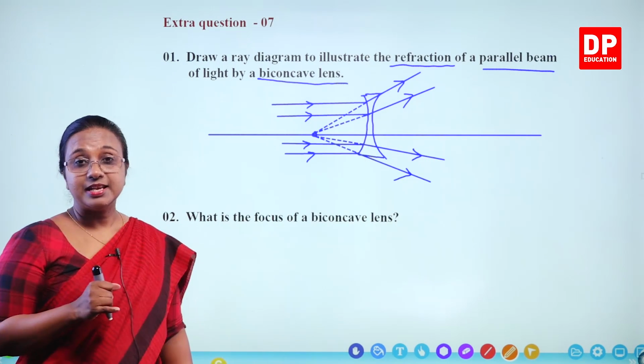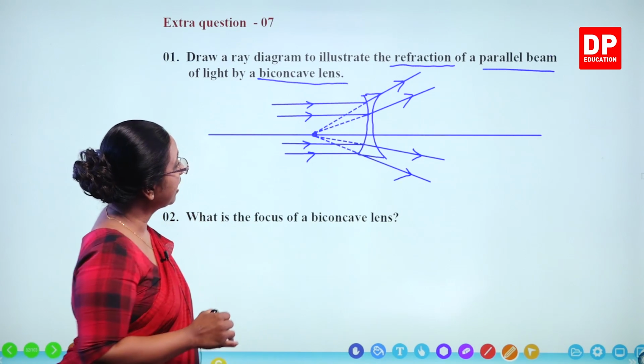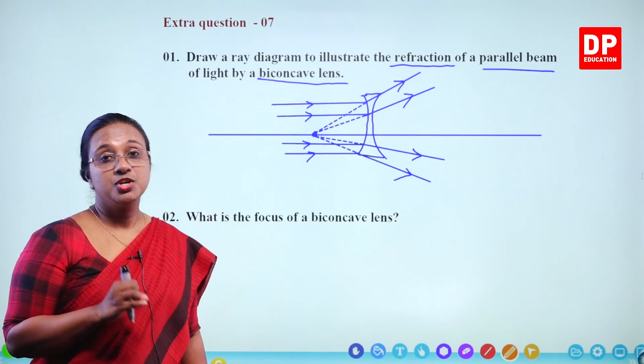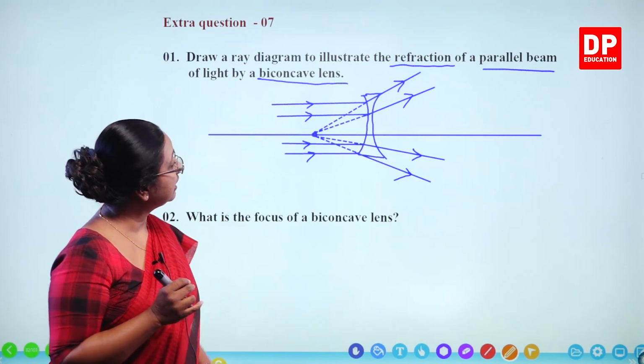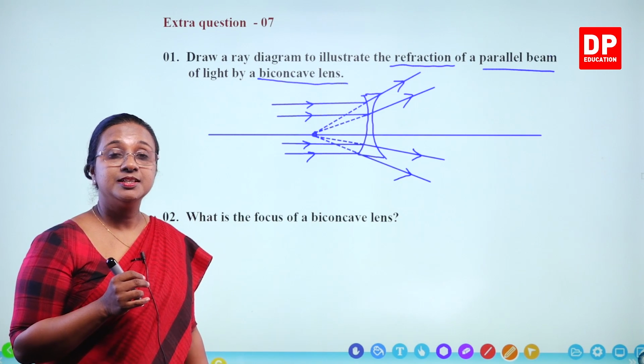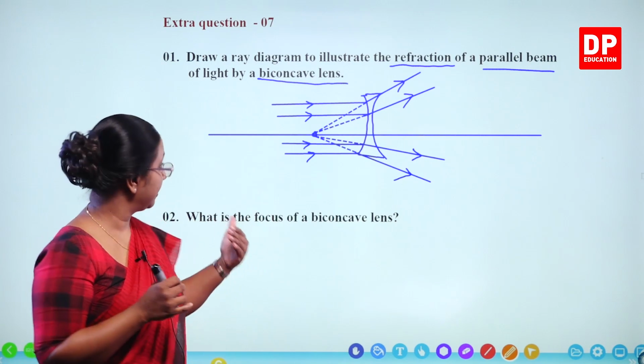All the rays get diverged, but when you extrapolate the rays, they look as if they are coming from the focus. So this is not a real focus. Is that clear to you all, students? This is different from the biconvex lens.